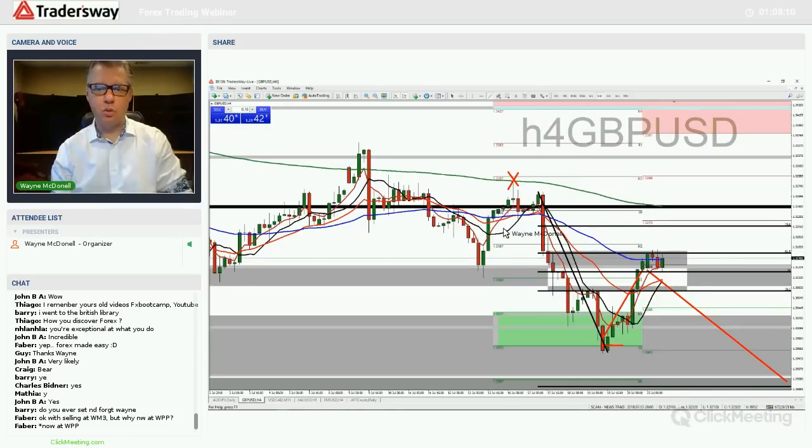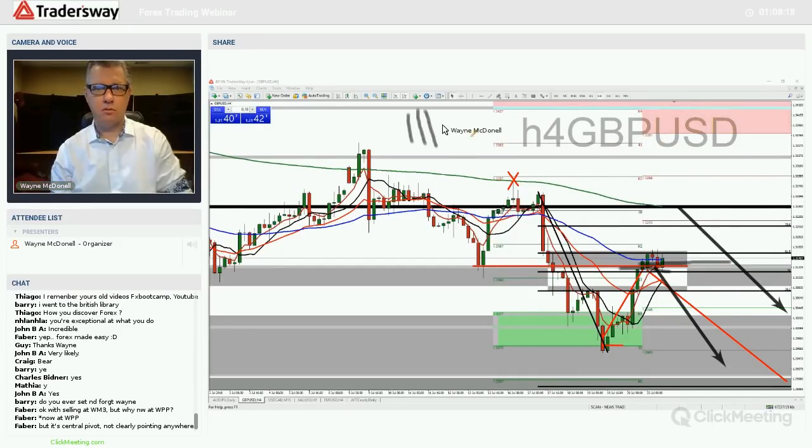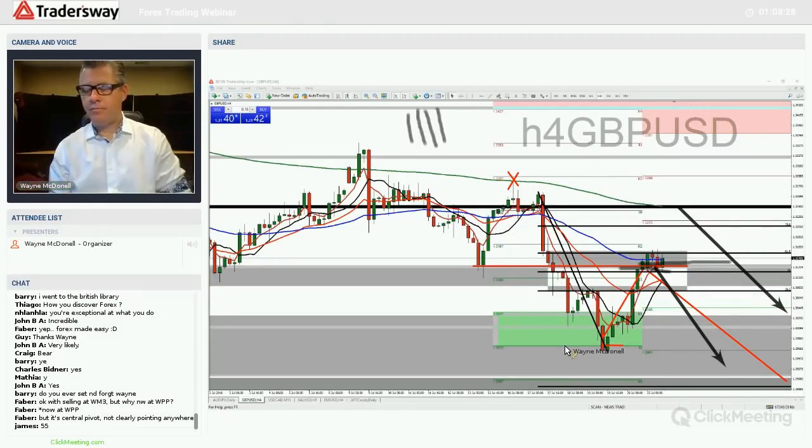We can call this a role reversal. To me, it's all the same, right? Four. Anything else? Oh, 55. That predicts the double bottom. But yeah, I can give you that.